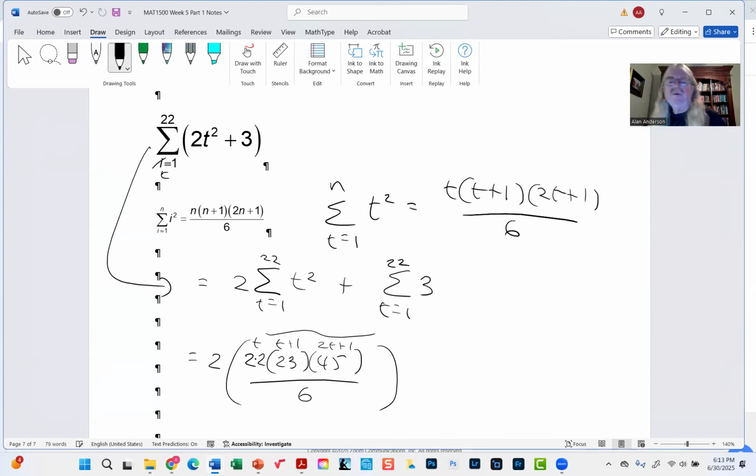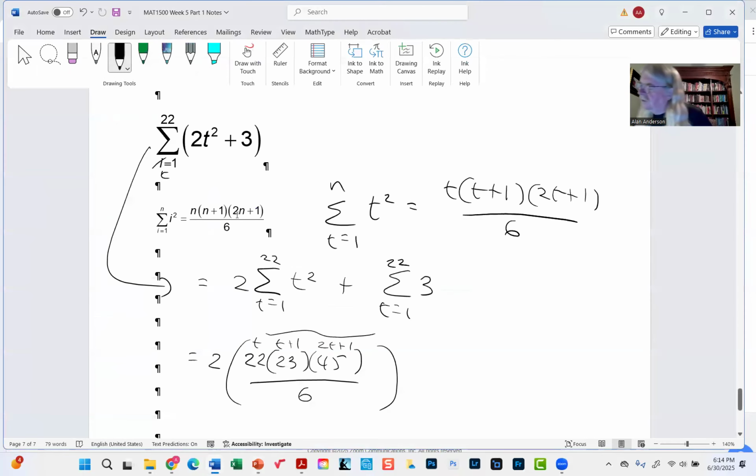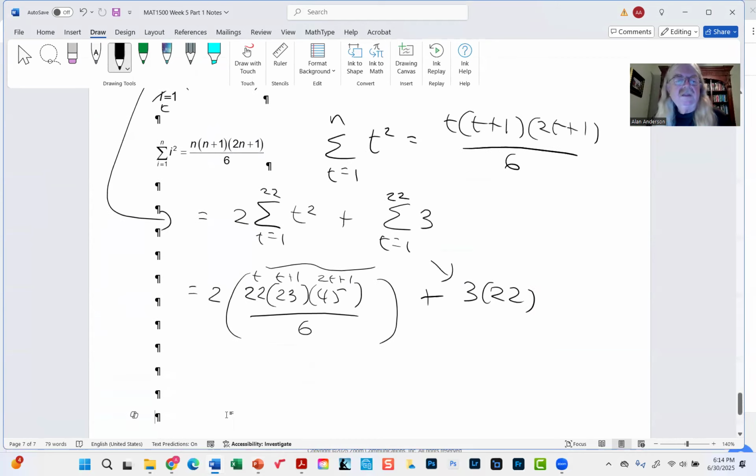Now over here, if you remember, when you're summing a constant like that, let's go back here, it's just Cn. So in other words, this is just equal to 3 times 22. Well, all right then.